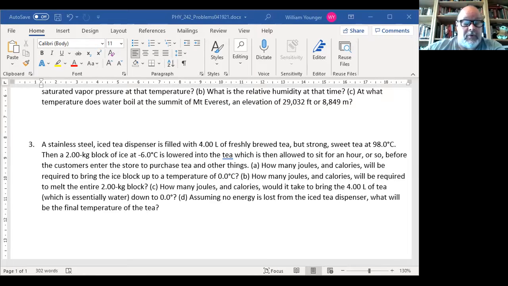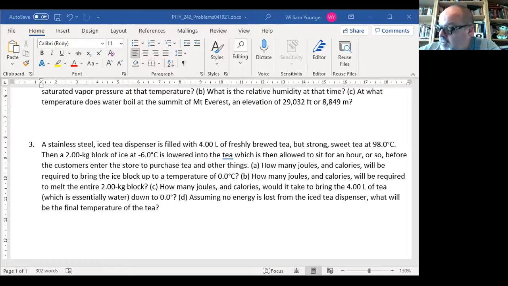I want to take a moment to write down the data. I know, for instance, that the mass of the tea is actually equal to 4... or actually this is not the mass, this is the volume of the tea. Sorry about that. Volume of the tea is 4.00 liters. Of course, since tea is essentially water, the density of tea and therefore the density of water is about 1 kilogram per liter. So it's also 4 kilograms.